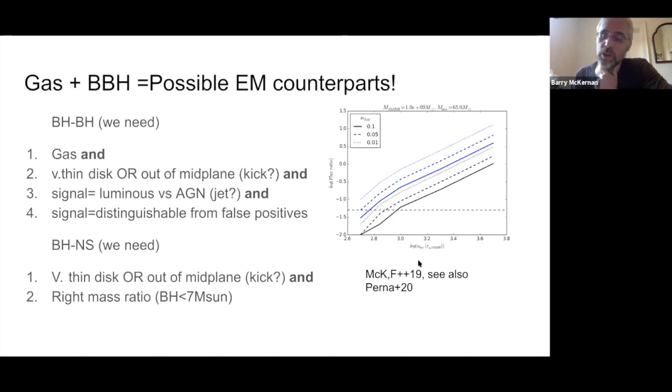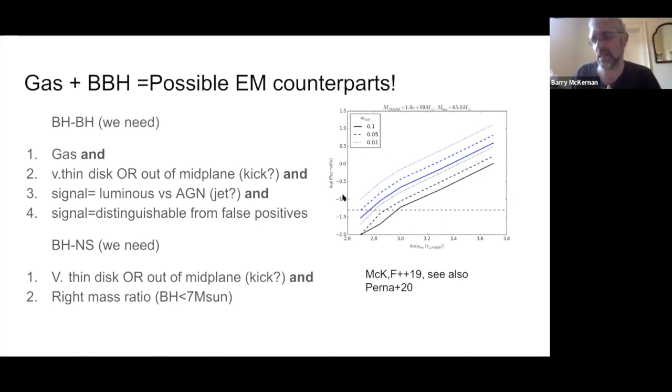Over here on the right-hand side is a plot from a paper from 2 years ago, which essentially says that further out in the disk, you could potentially detect above a sort of fiducial detectability threshold some shock gas from these mergers, but your odds are better for detection in lower luminosity AGN.